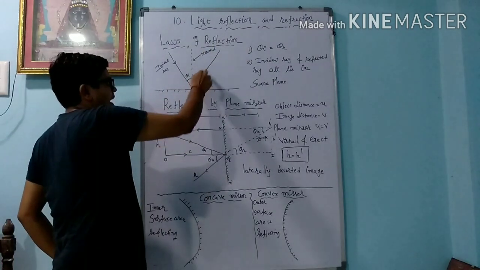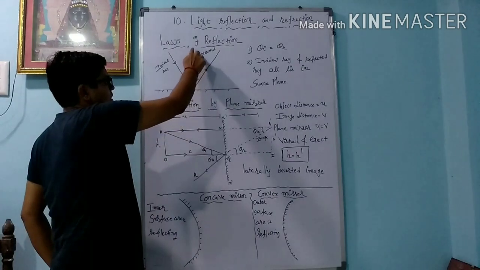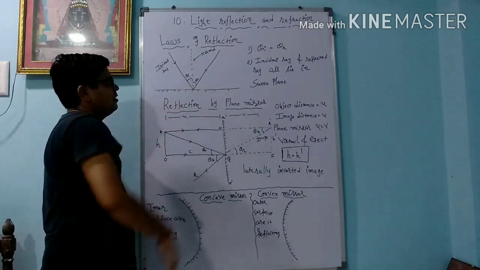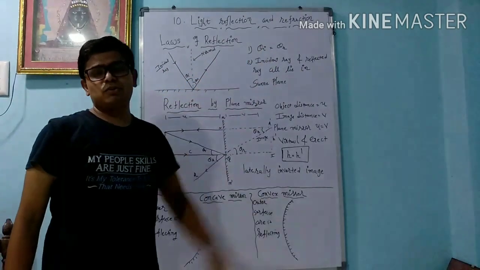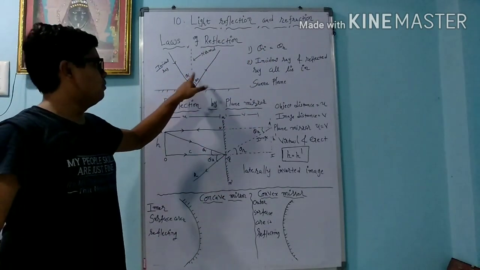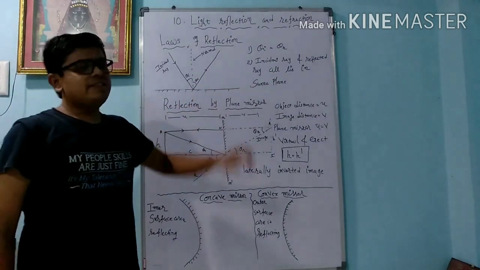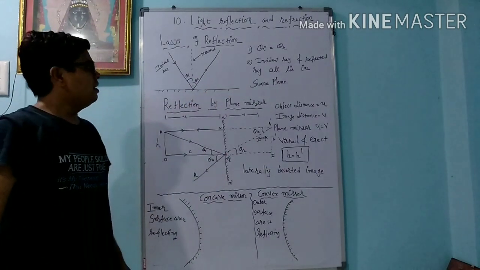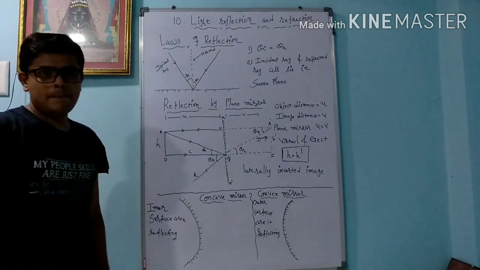That reflected ray's angle is represented by theta r, and again theta r is measured from the normal. According to the laws of reflection, first, theta i equals theta r, angle of incidence equals angle of reflection. Second, the incident ray, reflected ray and normal all lie in the same plane.